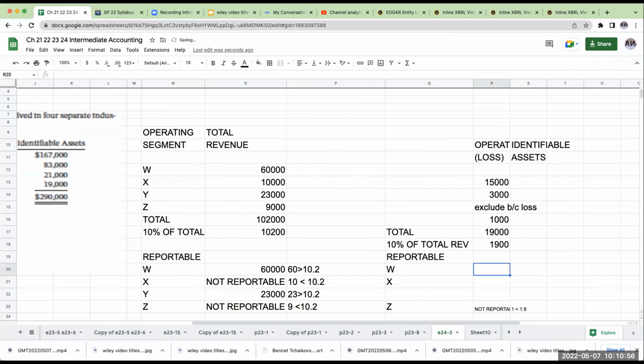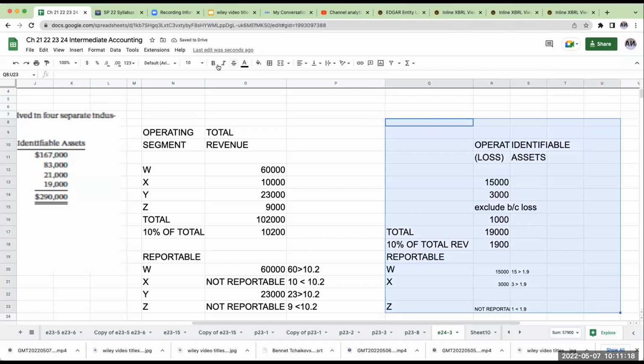For W, this is going to be reportable because 15 is greater than 1.9. For X, this 3,000 will be reportable because 3 is greater than 1.9. So those are the obvious ones.